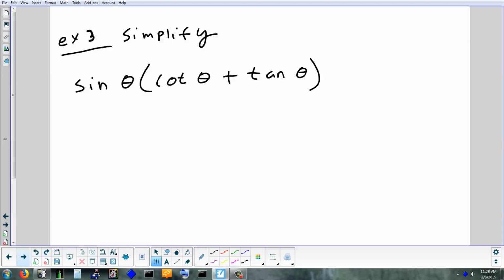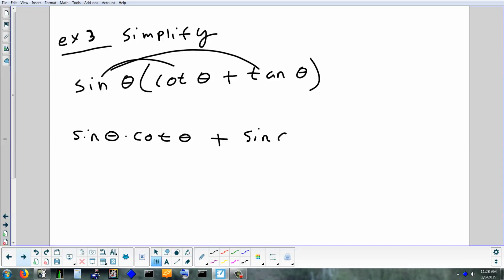You have to do both. So let's distribute this out first. So it's sine times cotangent plus sine times tangent. Now we've got distributive property done.